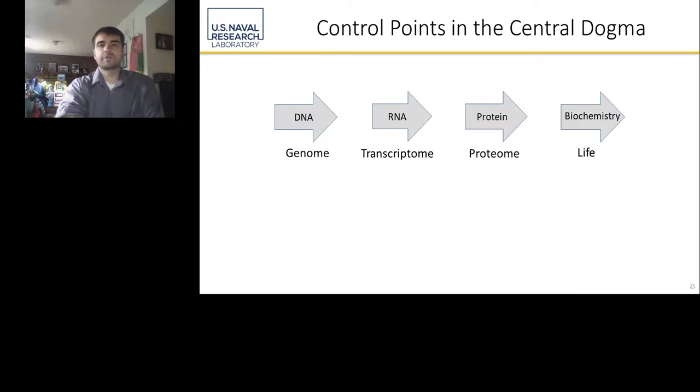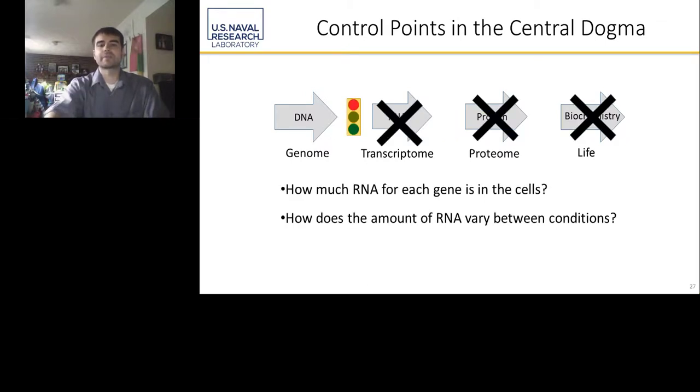Why we're using metatranscriptomics is, if we go back to the central dogma of life, there are different control points within this chain where you can stop or start the next step in order to control how things are going to happen. And the easiest place to start and stop something is right at the beginning.